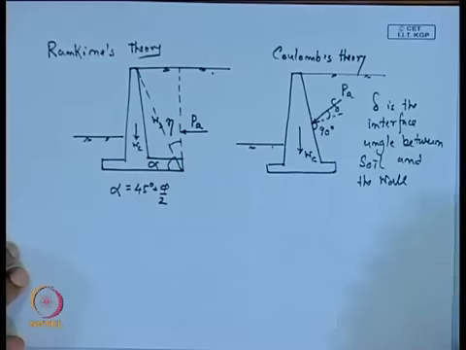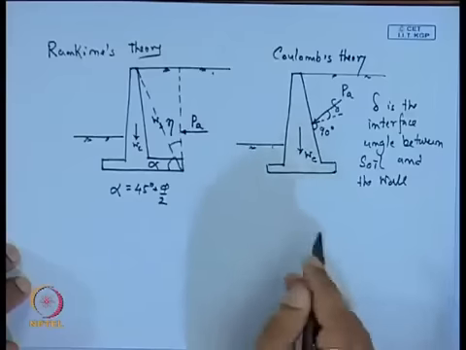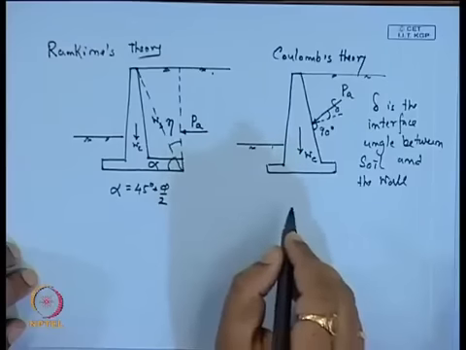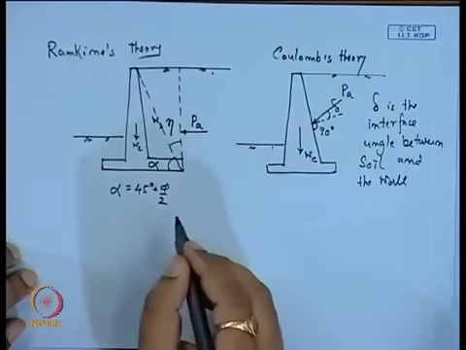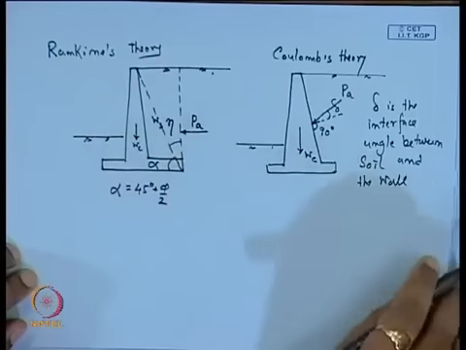Now, next one, for the semi gravity retaining wall. For the gravity retaining wall we have discussed different types of loading condition. Now, the semi gravity retaining wall is where this base width is slightly smaller as compared to the gravity one, and the rest of the design process is the same. The next one you will go for is the cantilever retaining wall design.